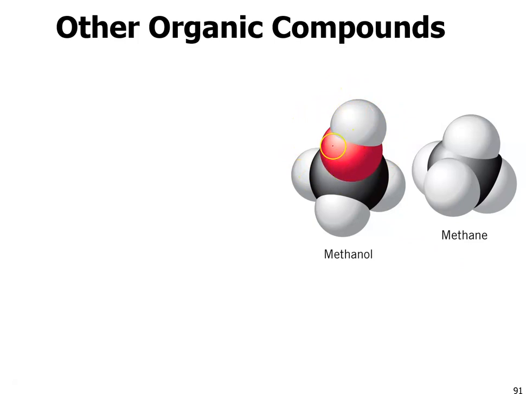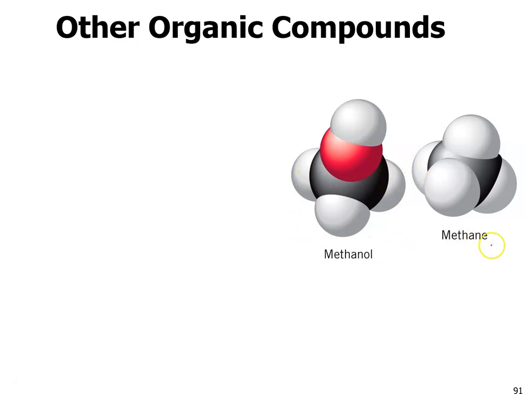If you remember how that works with these balls, this would be an oxygen. When we have an OH group, oxygen and hydrogen, on a carbon molecule, that forms a functional group called an alcohol. If we add an alcohol onto a methane carbon group, this creates methanol.